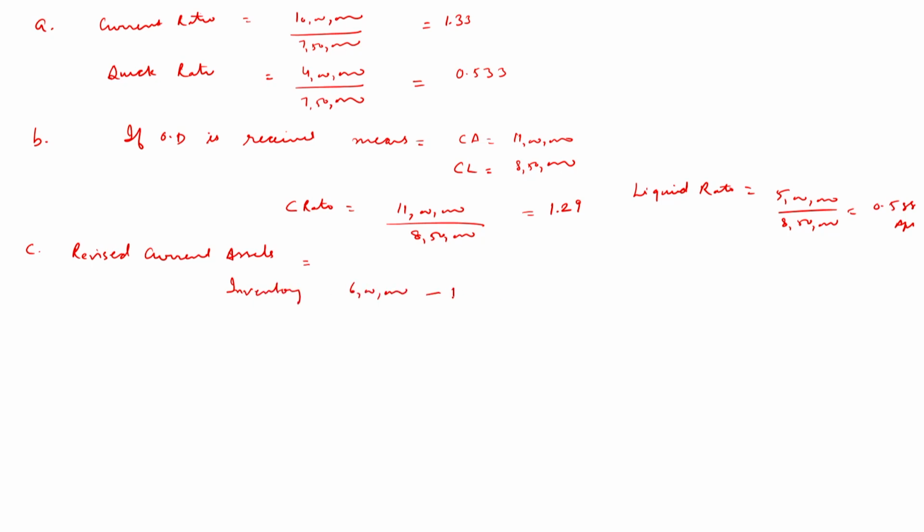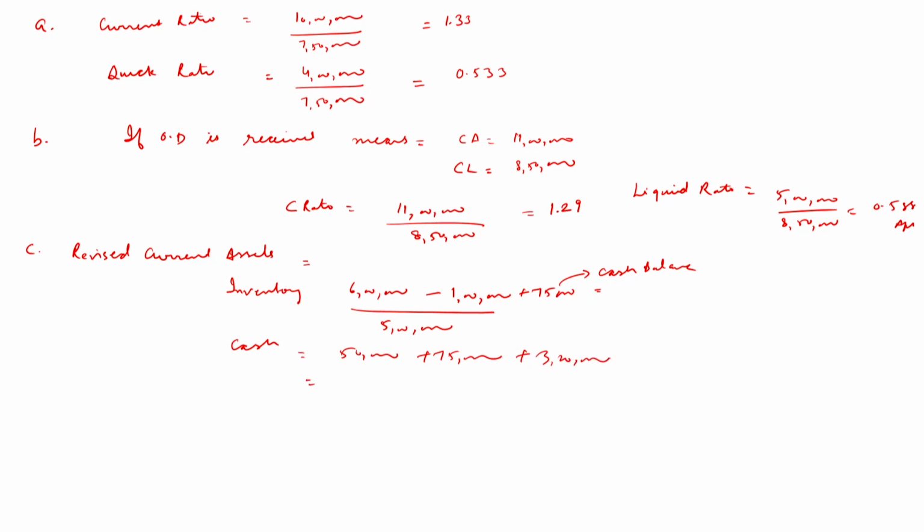So the inventory here will be 6 lakh, out of which 1 lakh is to be deducted for the obsolescence, but the value of 75,000 is to be added. So this 75,000 will go into the cash balance. So the stock is left with 5 lakh. This 75,000 we will add to the cash available in the company. That cash, which was 50,000, has an addition of 75,000 from the inventory plus 3,20,000 that we realized from the debtors.